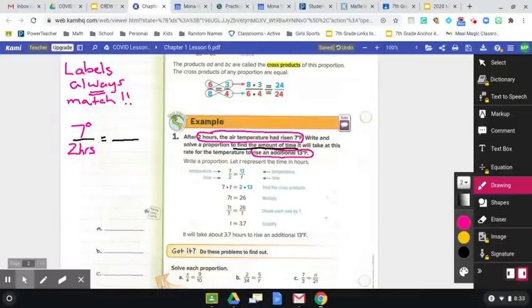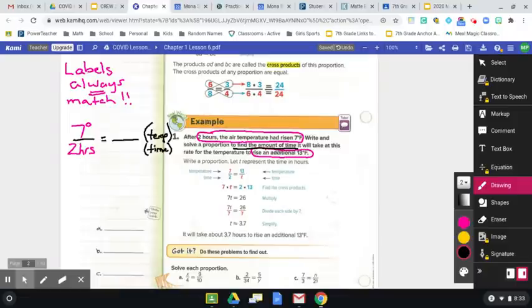In my numerator here, this is going to be my temperature. So I'm just going to put that off to the side. That's going to be my temp in degrees. In the denominator, that's going to be my time or my amount of hours.